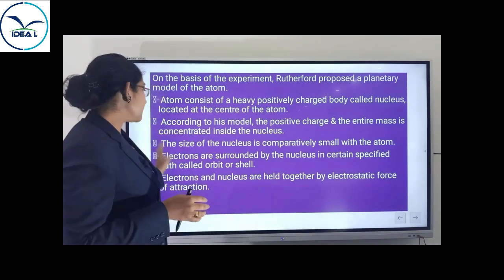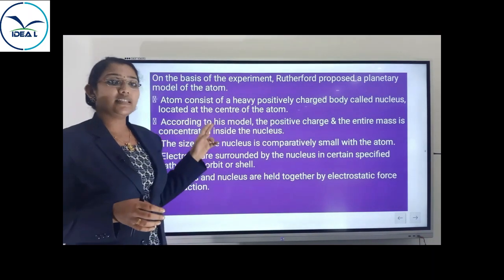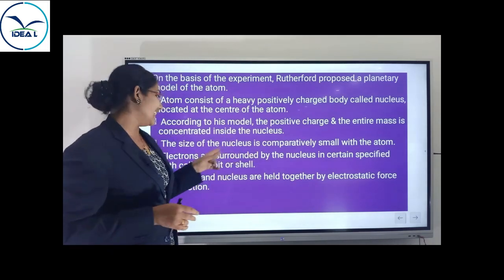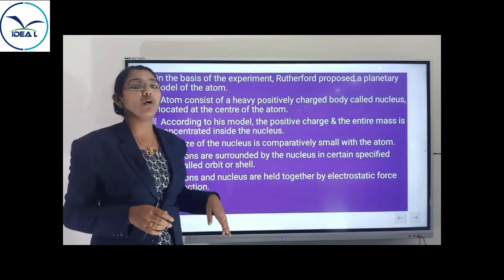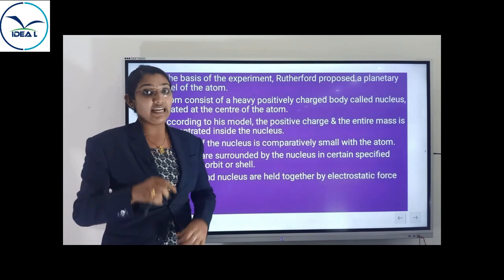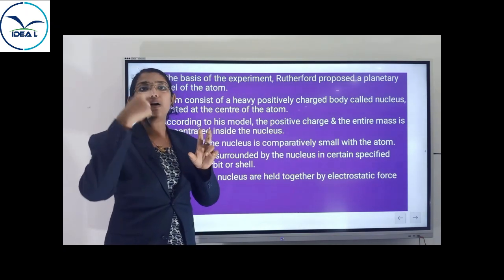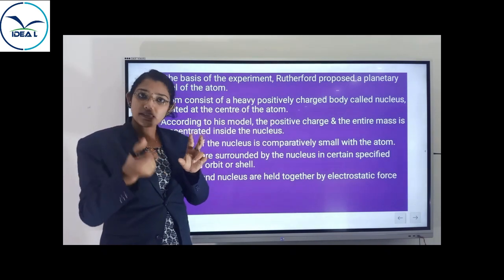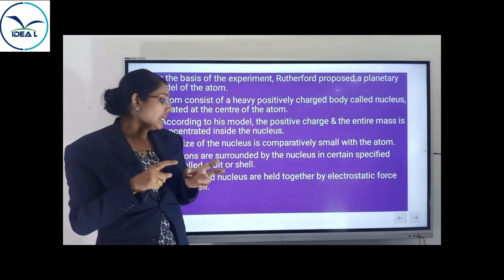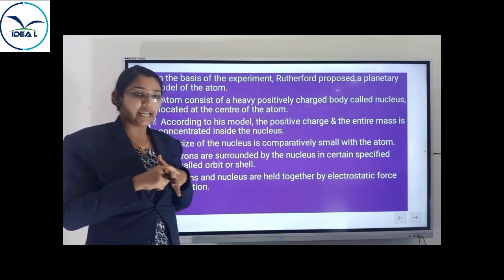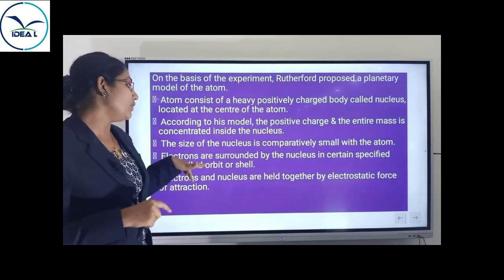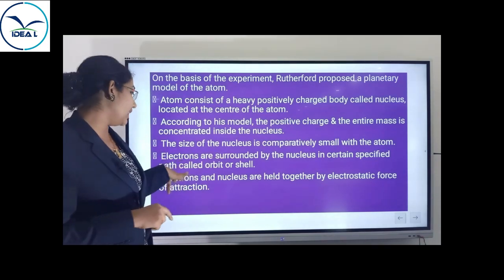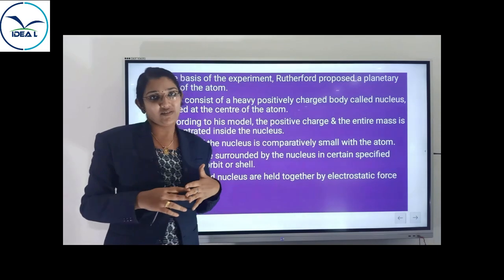Then electrons revolve around the nucleus in certain specified paths called orbits or shells. Then electrons and nucleus are held together by electrostatic force of attraction.